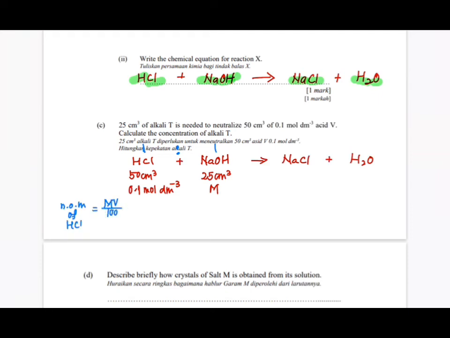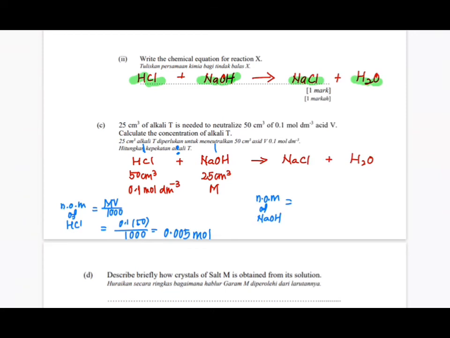It is MV over 1000. So 0.1 times 50 over 1000, the value is 0.005 mole. So the number of moles of sodium hydroxide, the ratio is 1 mole to 1 mole.